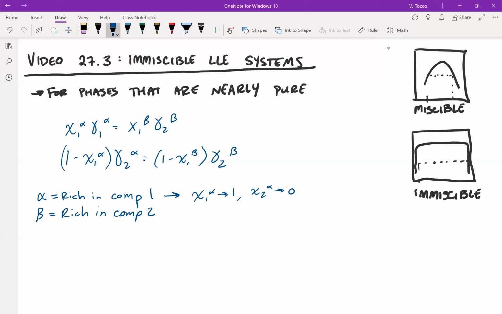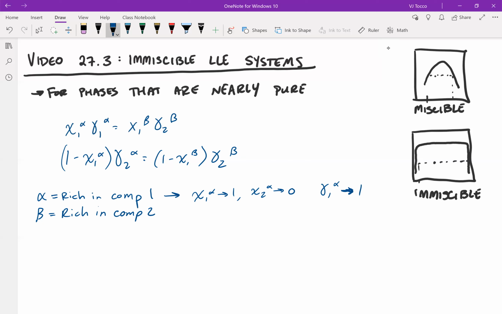How can we simplify these expressions? Looking at the activity coefficients, gamma 1 alpha is for a nearly pure phase. If x1 alpha is going to 1, that means gamma 1 alpha is going to 1, because the activity coefficient for a pure component behaves ideally.